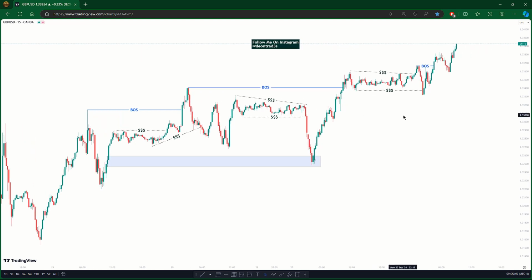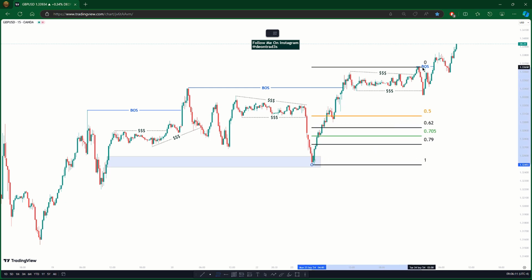Sometimes price can go down like this, just take out that trend line liquidity, and then it targeted this sell side liquidity here. If you know how to mark your discount and premium zones, you would have done something like that.